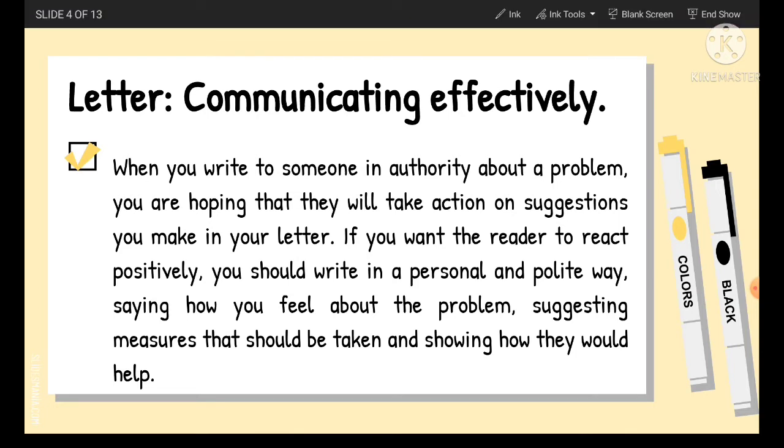So the key words from these statements are, when you want to write to someone in authority about a problem. Apabila awak nak tulis surat pada seseorang yang ada kuasa terhadap sesuatu masalah, awak mengharapkan segala tindakan akan diambil melalui cadangan-cadangan yang awak nyatakan dalam surat.